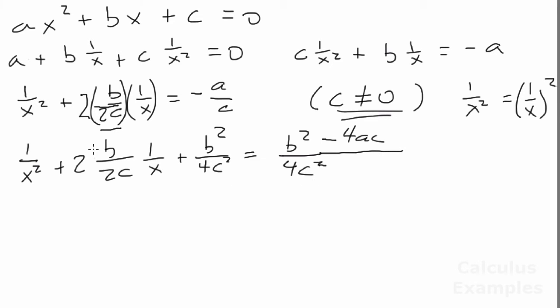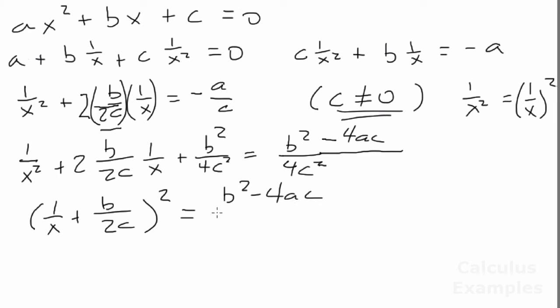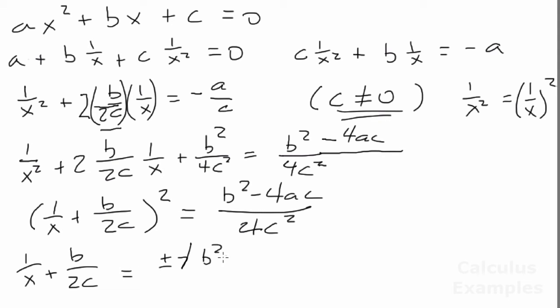It'll look like that. And now we just collapse this into (1/x + b/2c)² = (b² - 4ac)/4c². Right? So now we're going to take the square root of both sides, which gives us 1/x + b/2c = ±√(b² - 4ac)/2c.